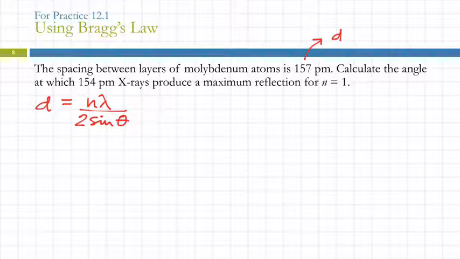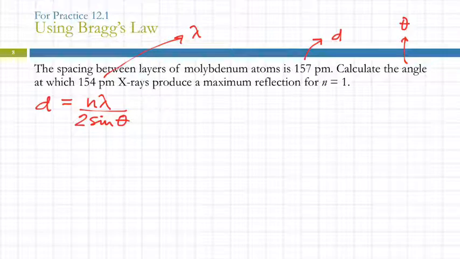Yeah, we're finding theta. So calculate the angle. The angle is theta. And the 154 picometer X-rays, this is the wavelength of the radiation. So I didn't plan this out very well, but that's lambda. And then they're saying do it for n equals 1.